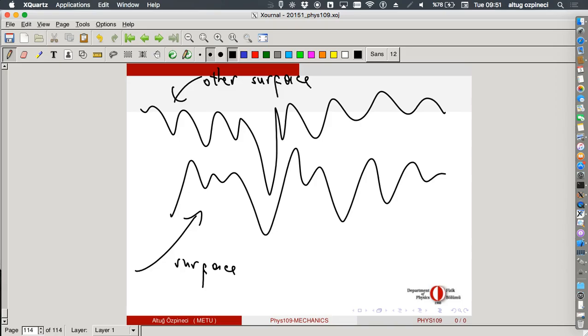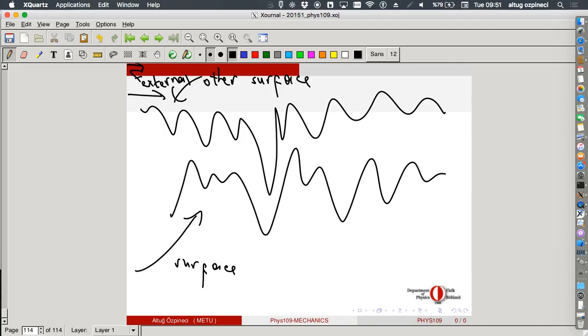So if you try to slide this surface, if you apply a force, this is an external force, on the top surface, of course these two surfaces will prevent the sliding motion. They will not slide through each other. So the possibilities are either there will be something breaking.